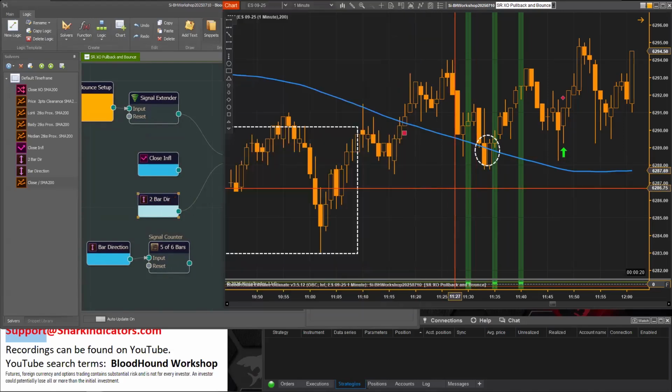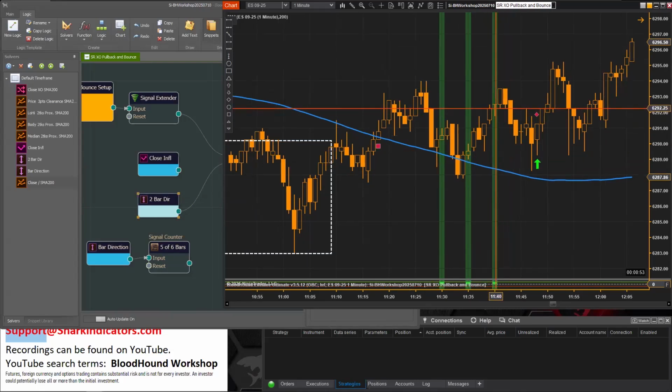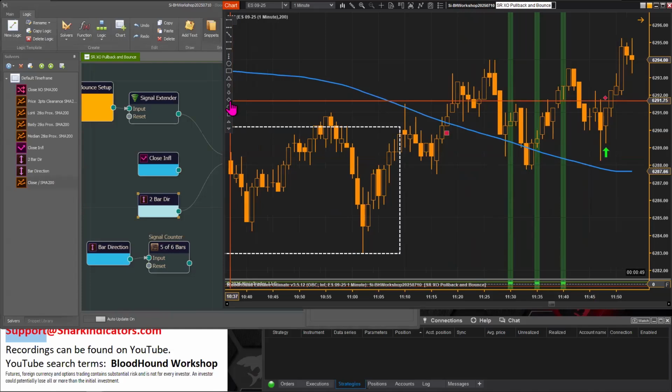So we can see on our signals here, here's the first up bar and the second up bar. First up bar, second up bar. There we go. And oh, look at that. We have a signal way out here in the middle of nowhere. So why do we have that signal there?